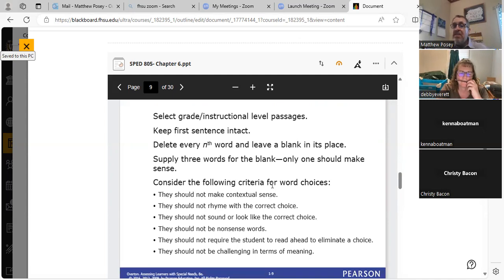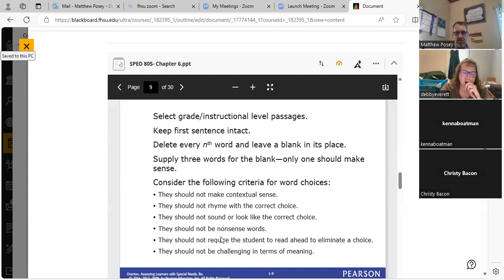Consider the following criteria if you choose to do that. It's always interesting when you have students do it. I used to like to have fourth and fifth grade kids do that when I was doing elementary school. Some of the choices you might want to throw in don't make contextual sense. Maybe words that don't rhyme with the correct choice, words that don't sound or look like the correct choice.